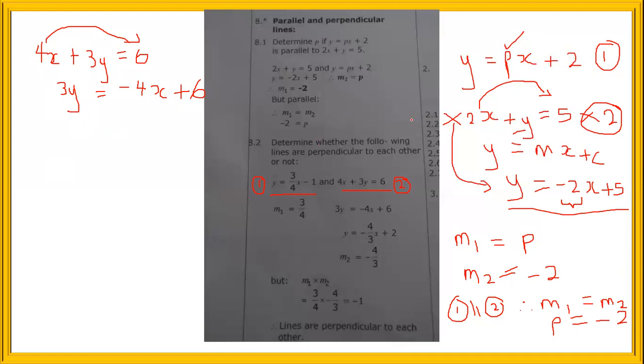You divide both sides of the equation by 3. On the left hand side, you're left with just y, and on the right hand side, you're left with minus 4/3 times x plus 6 over 3, which is just 2.